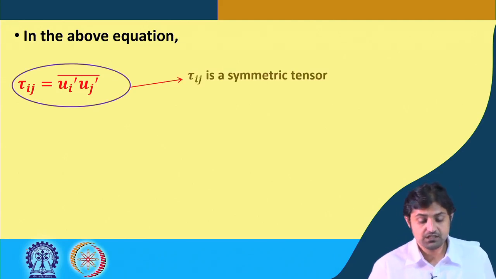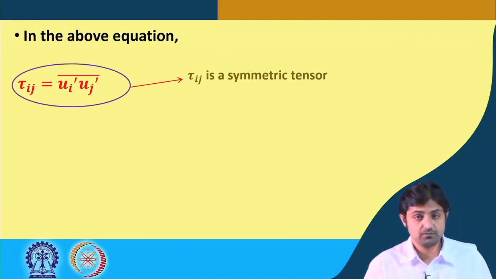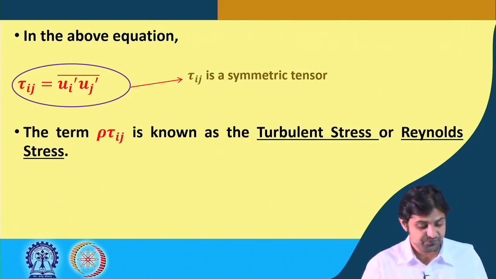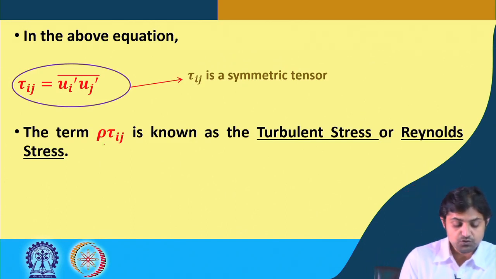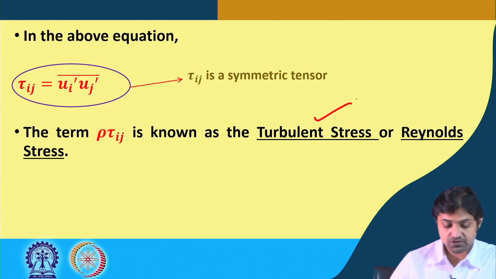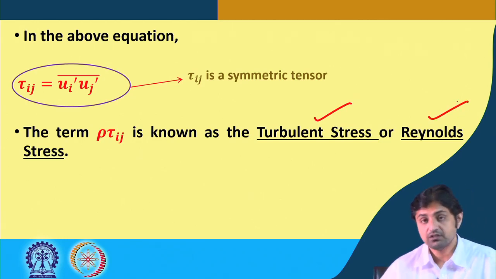And tau ij here is a symmetric tensor. Symmetric means ui prime uj prime is equal to uj prime ui prime. So the term rho multiplied by tau ij is known as turbulent stress or Reynolds stress.